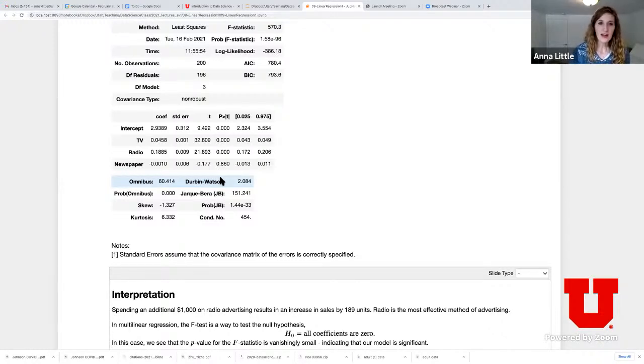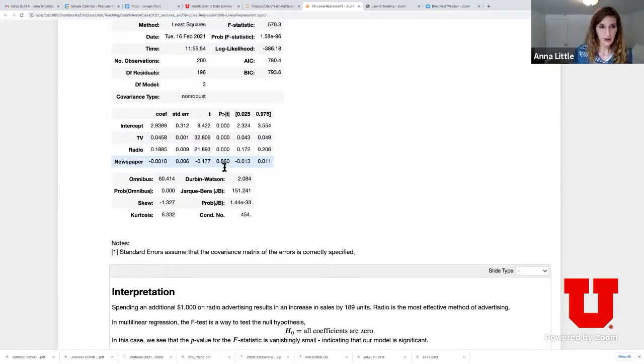And so when we are looking at a group of variables together, their significance may be different than if we looked at just one variable at a time. In general, this is telling us that if we already know information about TV and radio, additional information from newspaper is not helpful.